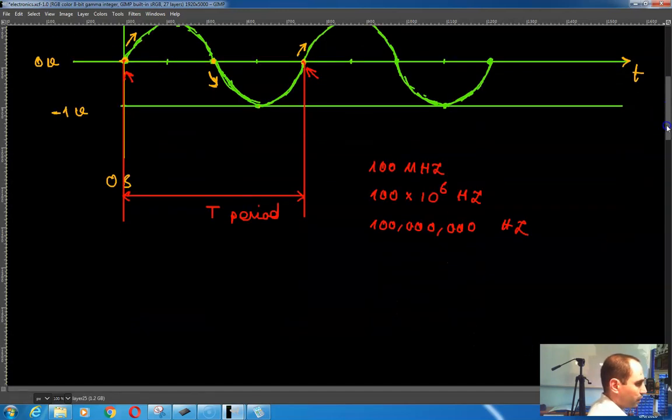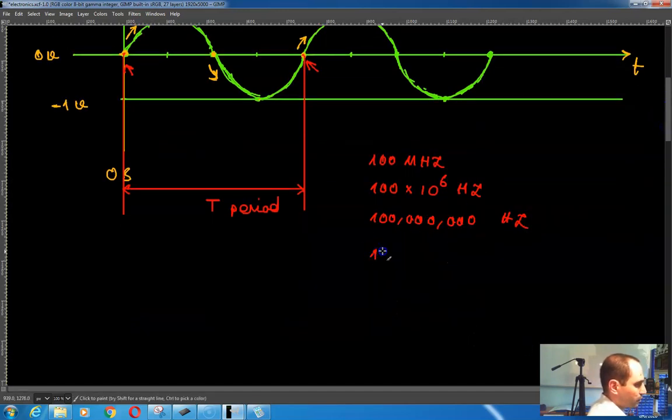And 100 million hertz is the same thing as 100 million cycles per second.